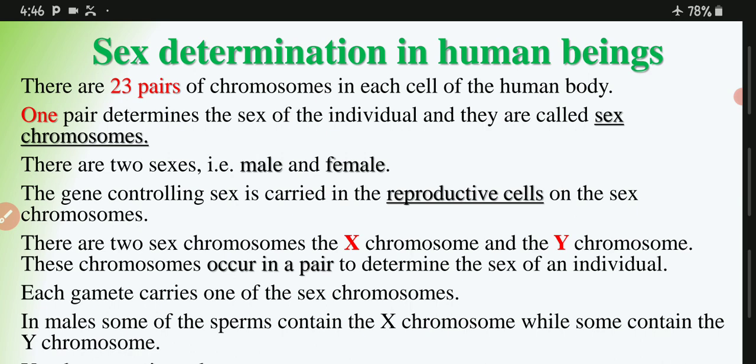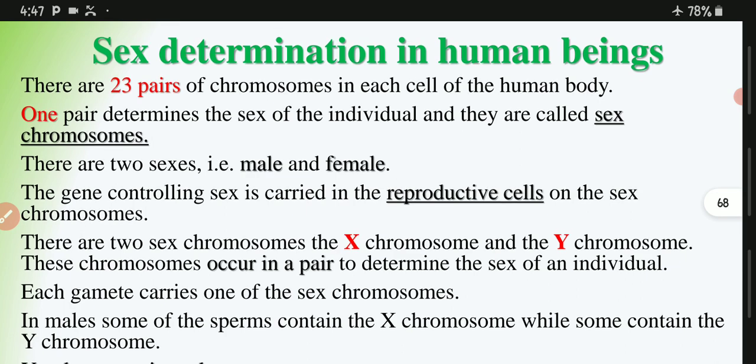They produce only one type of gamete, that is the X chromosome. Now in males, these are the heterogametic sex, i.e. one which produces gametes which differ in sex chromosome content.